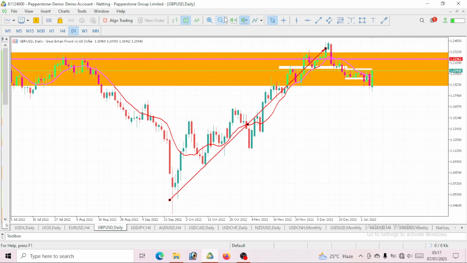We all know that once the price is trading above the 10 period simple moving average, then all we should do is look for a way to go long, take the buy on this GBP USD. So during that time when DXY, the USD index, was dropping, we were going long on this GBP USD. Well, price is now changing its direction and you can see it is now trading below this 10 period simple moving average.